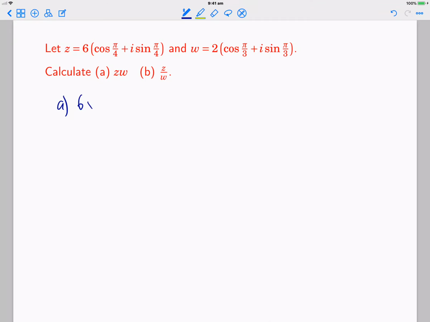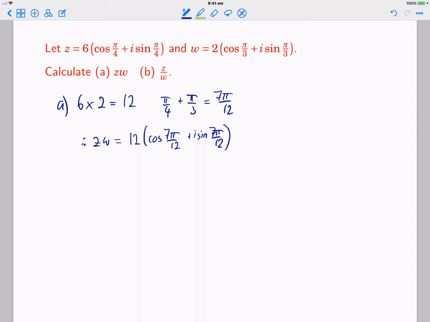The modulus of the first one is 6, the modulus of the second is 2, and 6 times 2 is 12. Now the argument of the first complex number is pi on 4, and the argument of the second is pi on 3. When we add these two, we get 7 pi on 12. So the product is going to have a modulus of 12 and an argument of 7 pi on 12. And that's pretty much it. When you know those properties, it becomes easy to multiply complex numbers in polar form.